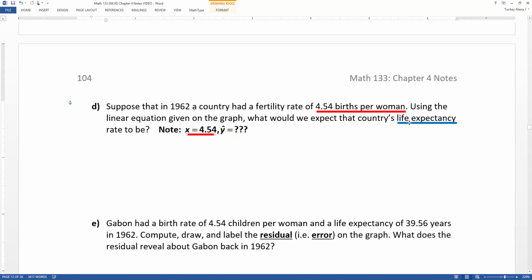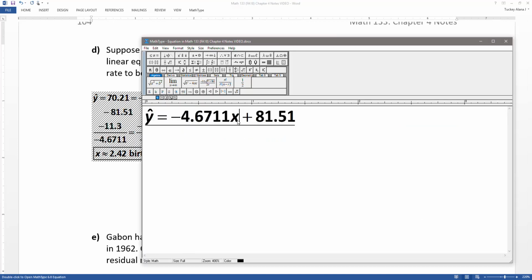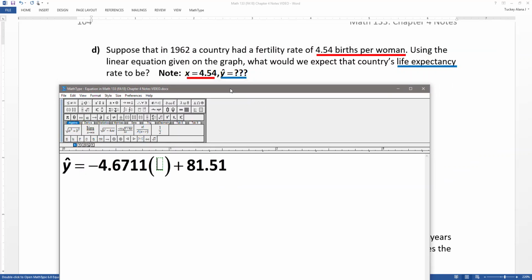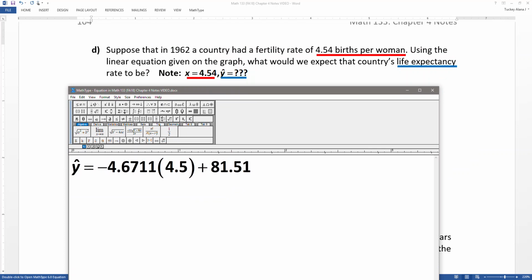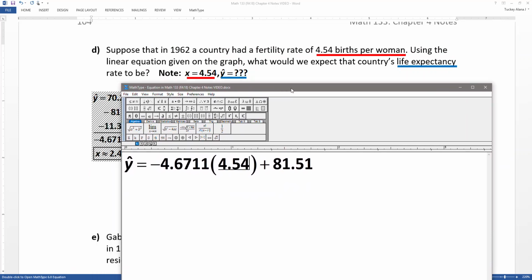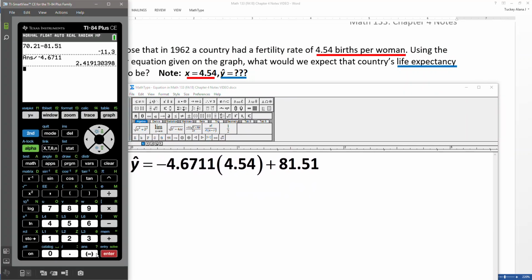It's actually simpler algebra than the last one, to be honest. All we have to do is substitute that value of x into our linear trend line equation. So this is the equation, and instead of putting x, we're going to put in the value 4.54. Let me go grab the calculator and type this all at once.